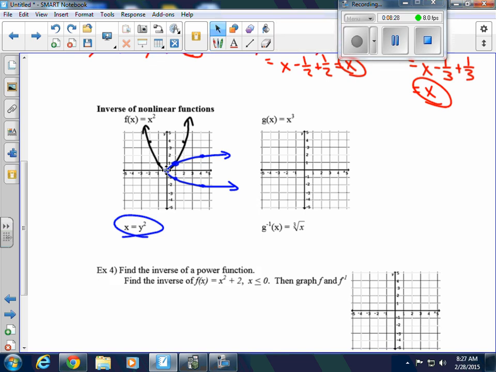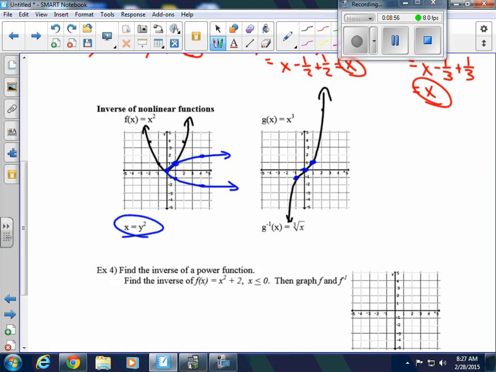Well, the same thing is true for the cubic, and the quadratic and the cubic are the two that we're going to use most often when we talk about these. So we're going to have (0, 0), (1, 1). If we put in 2, we're going to get 8, so that's up here. And then (-1, -1), and (-2, -8). So that's down here. So there's our graph. Well, again, we're going to switch the x and the y values. So (0, 0) becomes (0, 0), (1, 1), (-1, -1) stay the same.